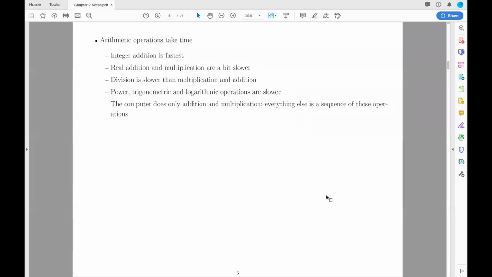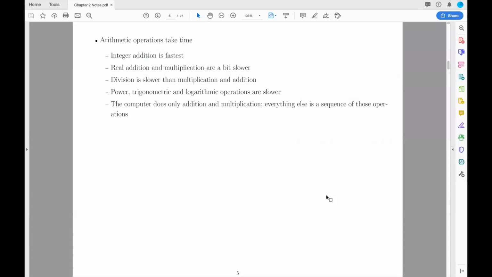Now, by the way, the other thing, and we'll talk about more of this later, all that the computer knows how to do is add, subtract, multiply, and divide. That's the only thing the computer can do. Everything else, sine, cosine, exponential, whatever, really just uses a program buried into the CPU.